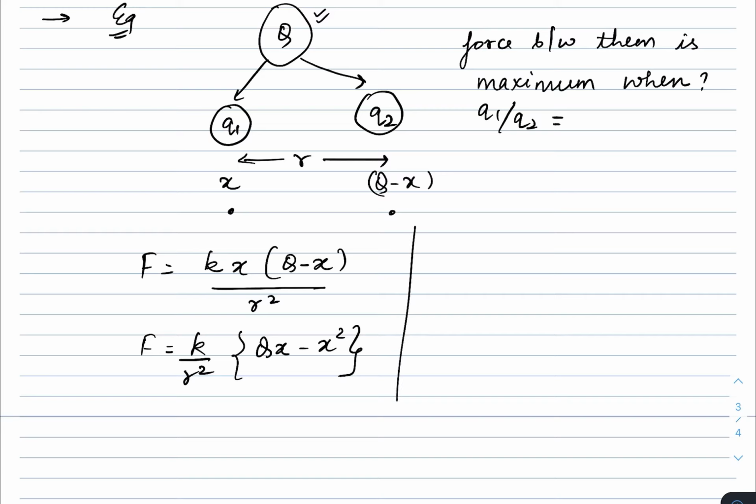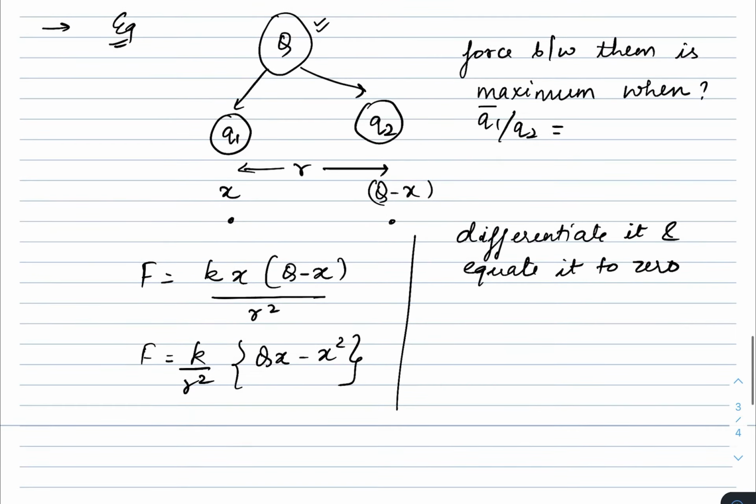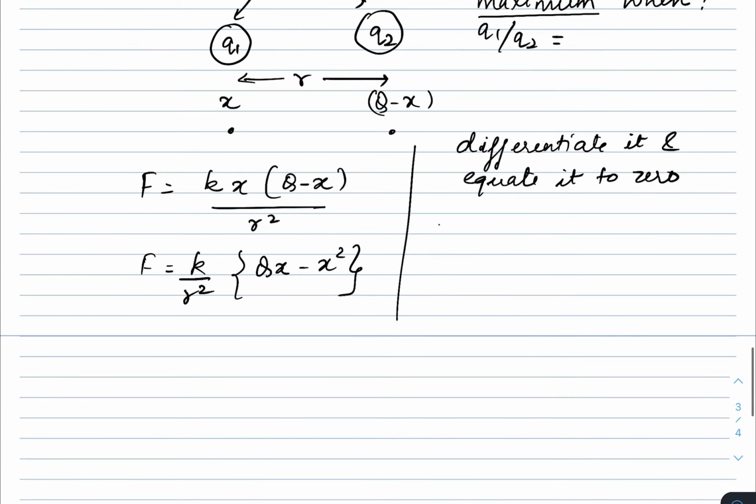Now the second step is we have to differentiate it and equate it to 0, in order to find the maximum value. So df by dx, K by R square being constant will come out. We have to differentiate only Qx minus X square, right?